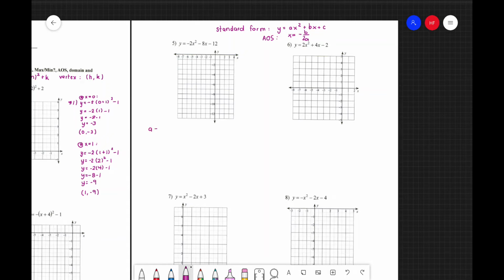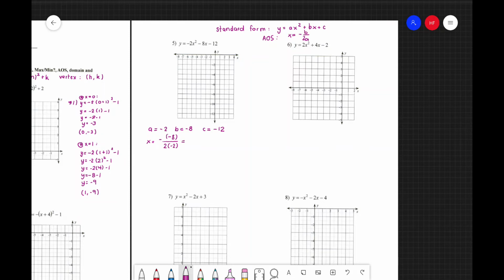Let's see. Our a value is -2. Our b value is negative 8. And our c value is negative 12. So x equals negative b over 2a.